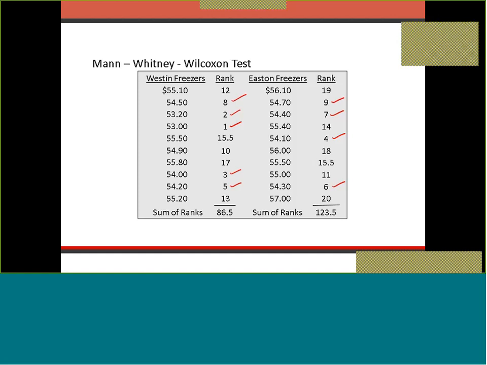Then 10th, 54.90. Then 11th, 55. Then 12th, 55.10, then 13th, 55.20, then 14th, 55.40. Then 15 and 16 are tied here, because there are two values of 55.50.